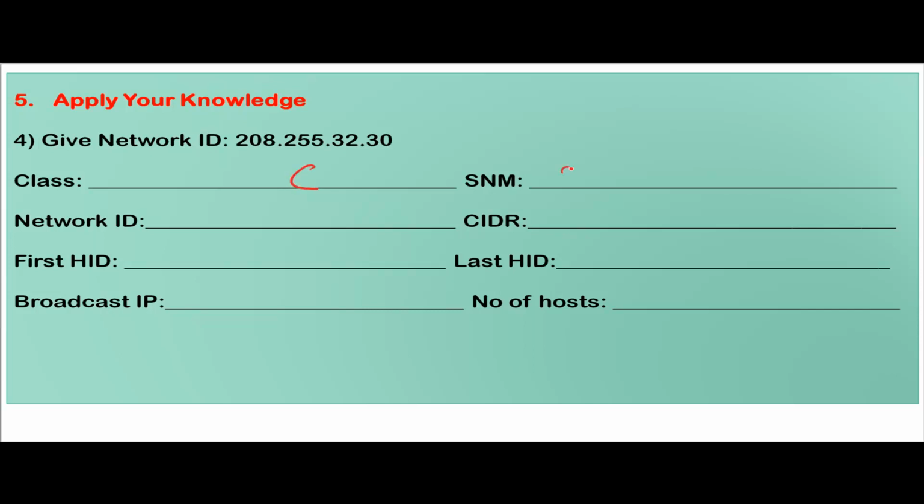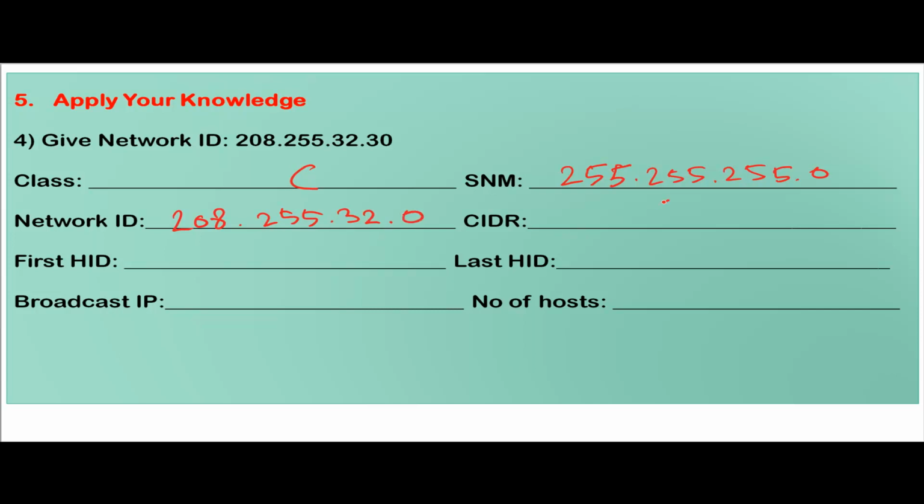So the default subnet mask is 255.255.255.0. For the network ID, the first 3 octets you keep as they are, and the last octet you make 0. So 208.255.32.0 is going to be your network ID.